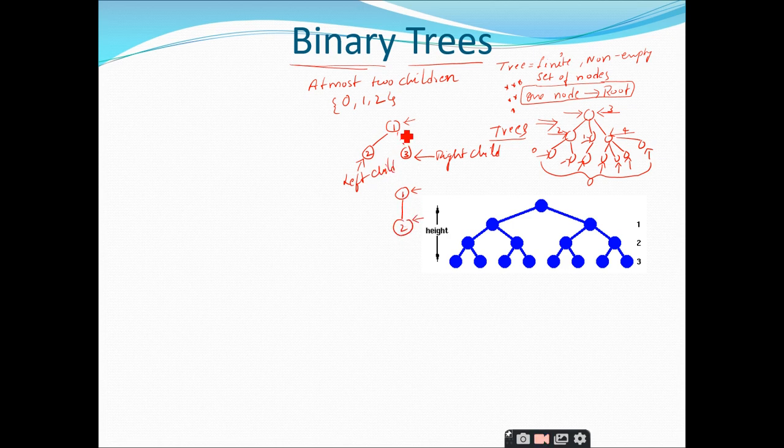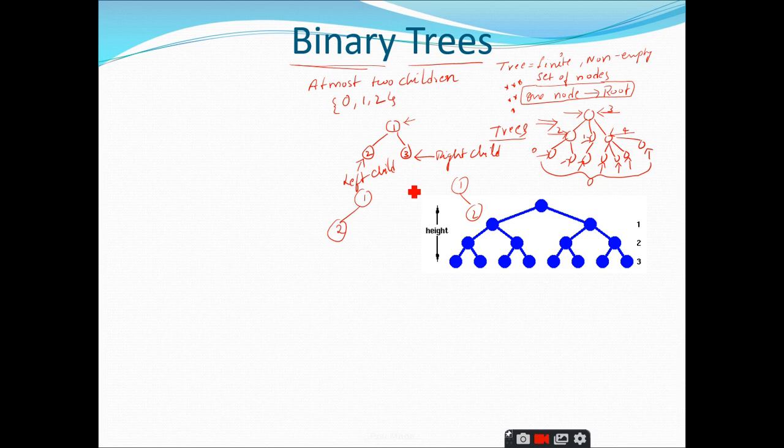As I told you, the children are given special names like the left child and the right child. Either you have to draw the child node towards the left-hand side of this parent or towards the right-hand side of its parent. So you should distinguish the nodes like this. So this is called the left child and this is called the right child. Is it clear up to this point?